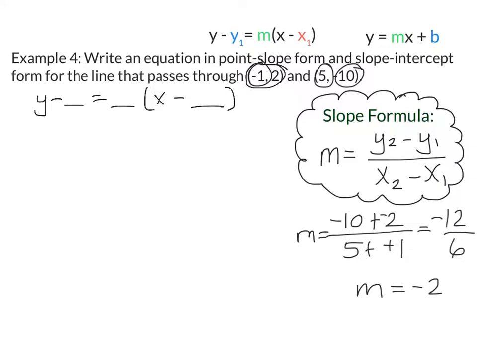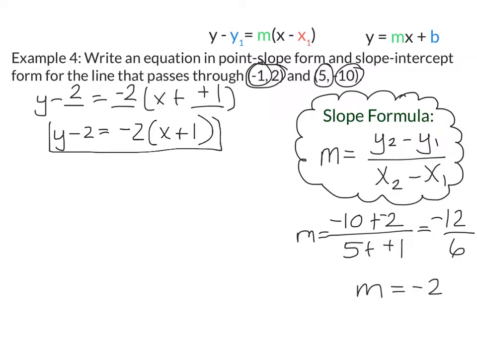So I know that 2 goes where y1 goes, so 2 goes here. m, which is -2, goes in the m spot, and -1 goes in the x1 location. Minus a negative is plus a positive, and I'm going to rewrite that so it looks nicer. y minus 2 equals -2 times x plus 1.